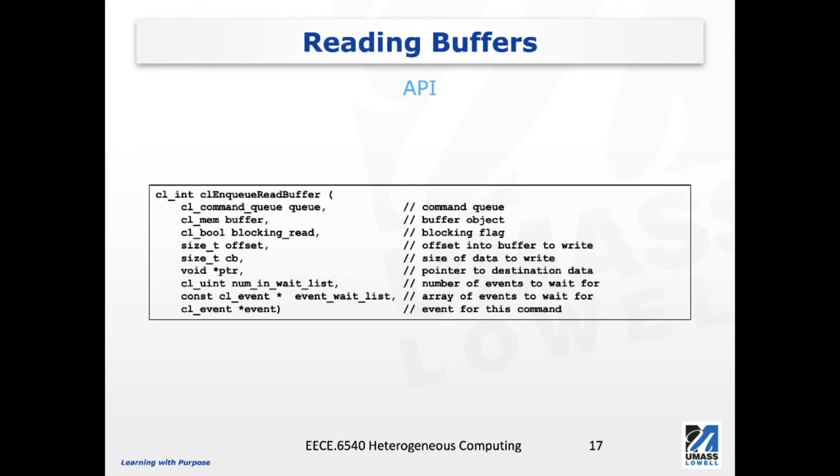These are the details about the OpenCL read buffer API. It's called clEnqueueReadBuffer, which takes the queue as the first argument. It provides the source of the read, which is the buffer pointing to the device memory, a flag indicating whether it's a blocking read or a non-blocking read, and then an offset into the buffer to read. Actually, this is a typo here.